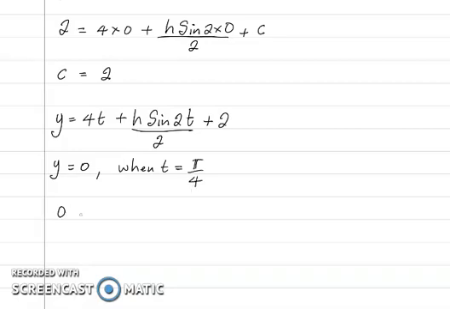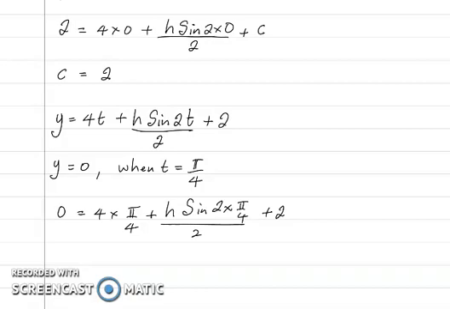So we're going to have 0 is equal to 4 times pi by 4 plus h sine 2 times pi by 4 over 2 plus 2, which is the constant of integration.